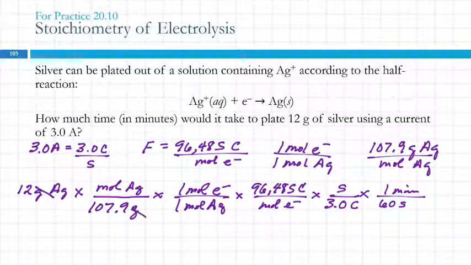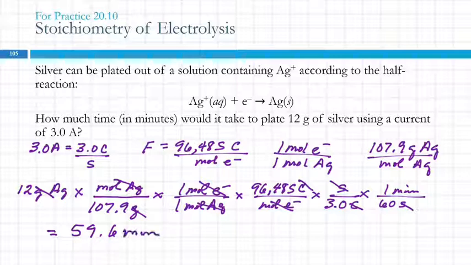Grams of silver canceling, moles of silver canceling, moles of electrons, coulombs, seconds, and we're left with minutes. So 60 minutes.